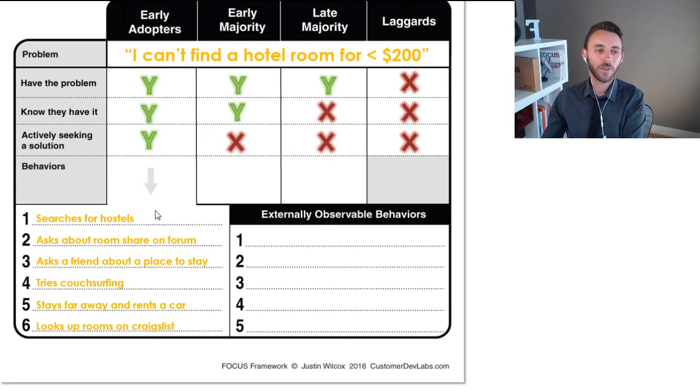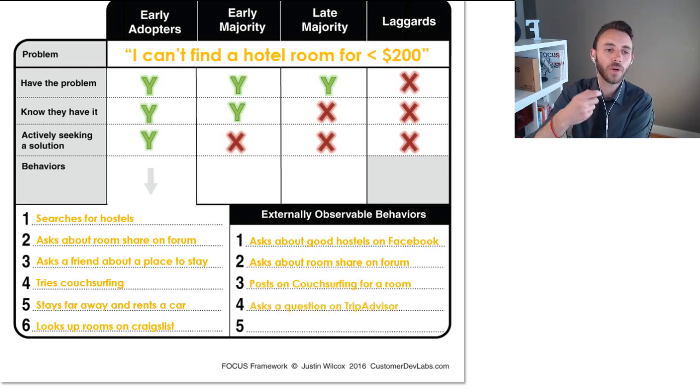So how do we know if someone is searching for a hostel? Well, they can't really tell if they're Googling for it, but if they ask about it on Facebook, if they ask about it on Twitter, if they go on some design forum, then all of a sudden they've identified themselves as early adopters. And so your students are going to convert each of these into externally observable behaviors.